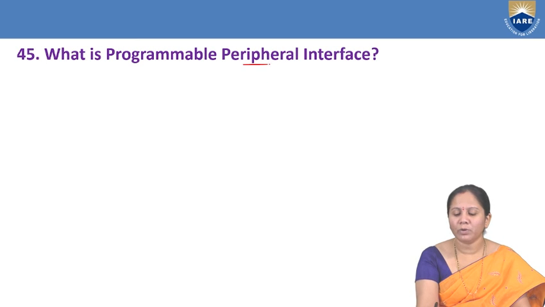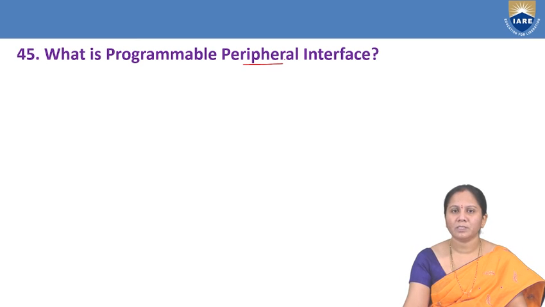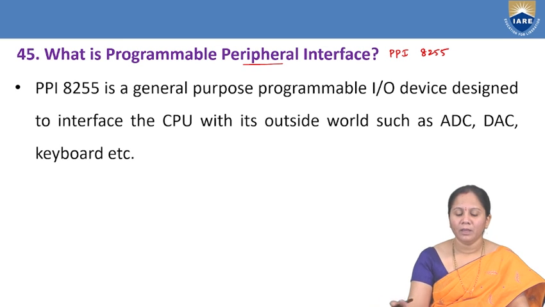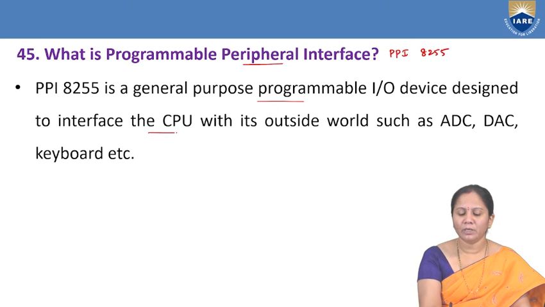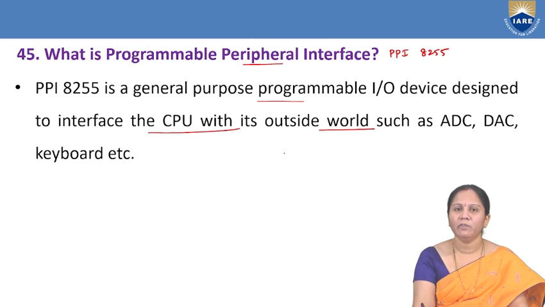Next, what is Programmable Peripheral Interface? Programmable Peripheral Interface, that means PPI, and its IC number is 8255. This 8255 is a general purpose programmable IO device which is designed to interface the CPU with the outside world.